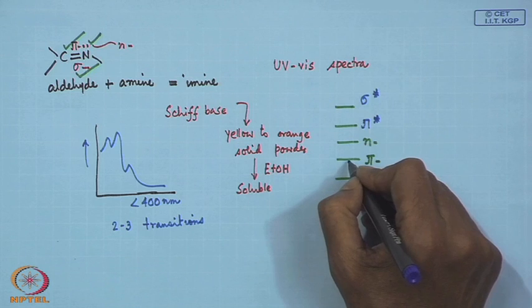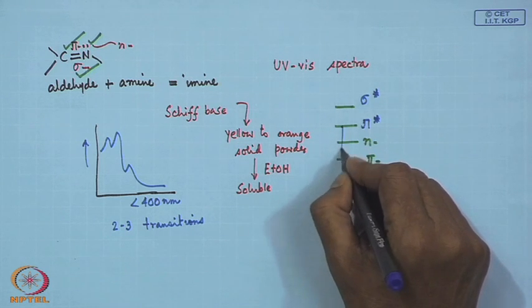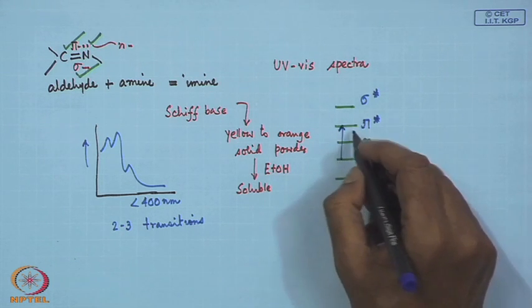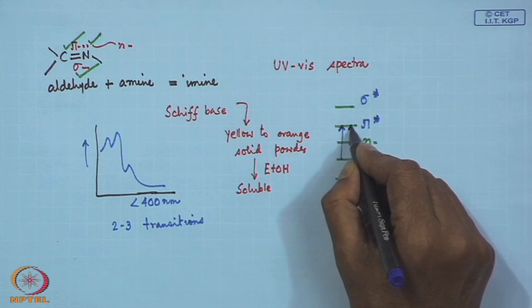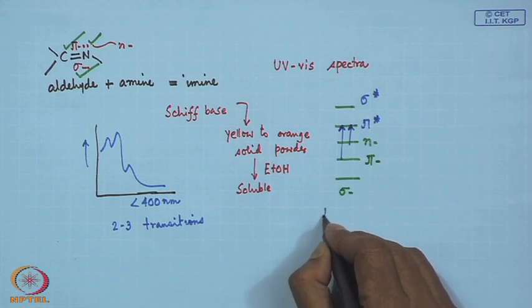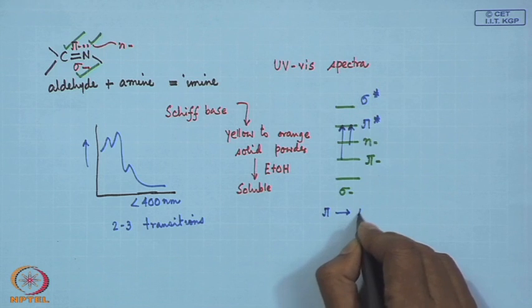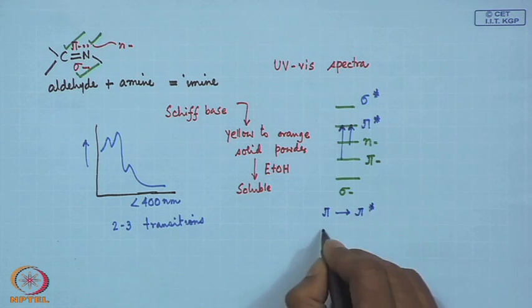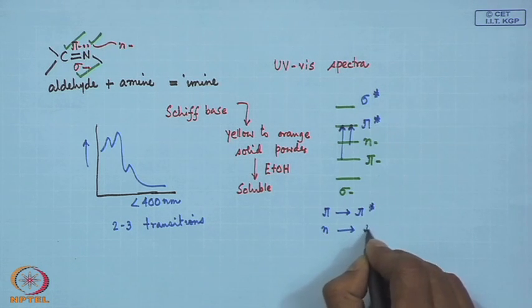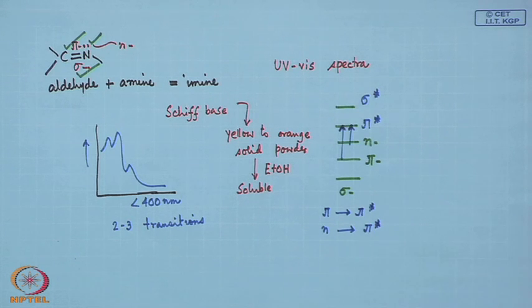So, what we have seen is that we have basically two very intense transitions we can consider. One is pi to pi star transition, another is n to pi star transition.